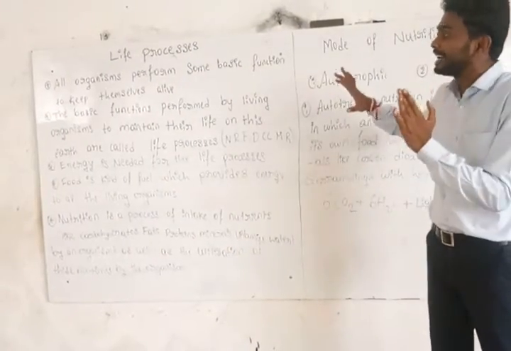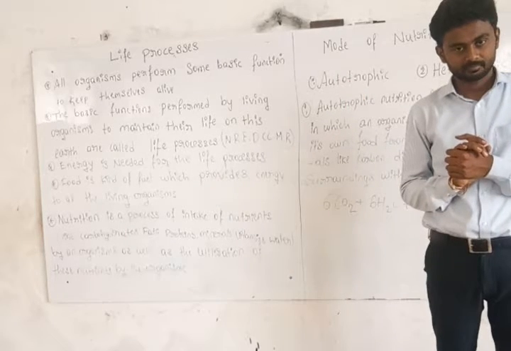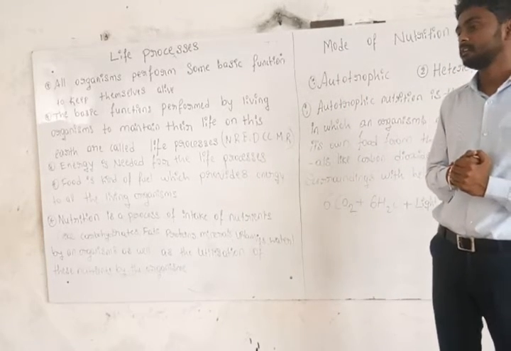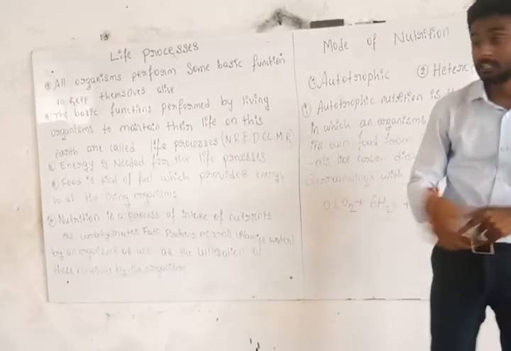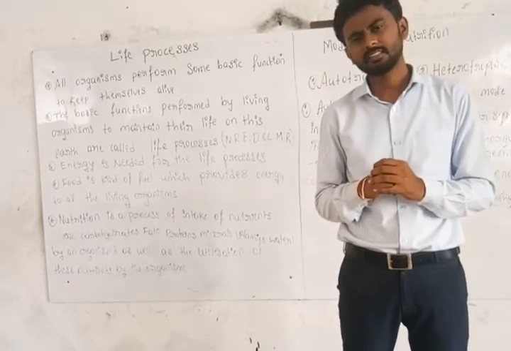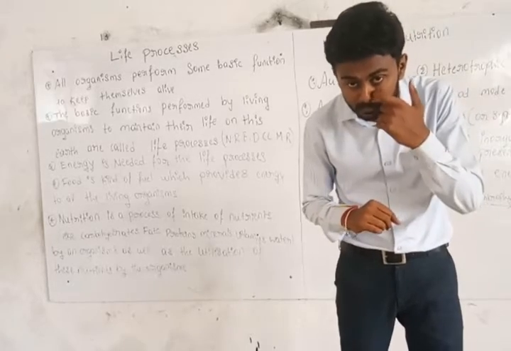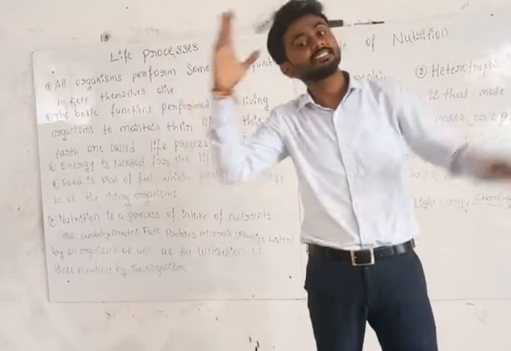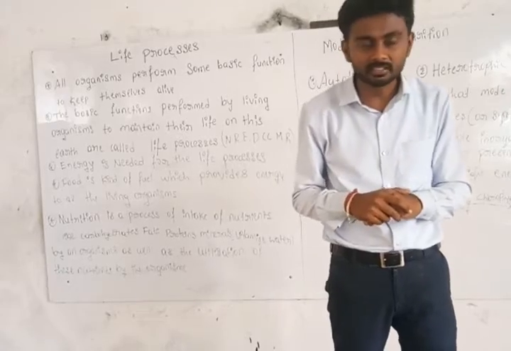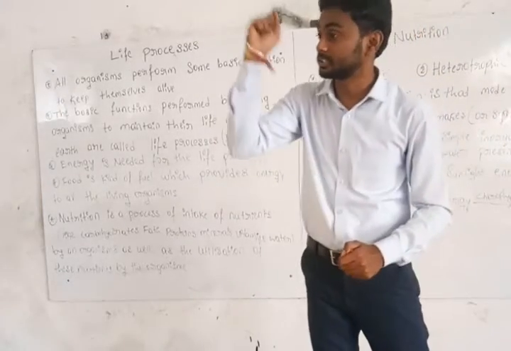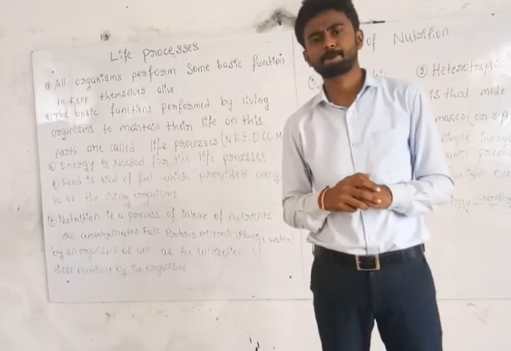So before starting that concept, let us start with the basics. Dear students, we find this one is a living thing, this one is a non-living thing. Yes or no? How? On the basis of living things' characters, we identify this one is a living thing.